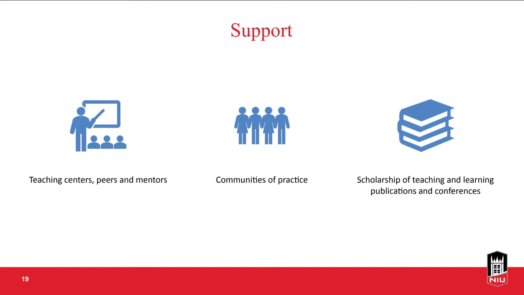A community of practice. It's important to realize that teaching and learning, you can do this in groups. There are communities of practice, and it doesn't have to be a solitary activity. You can join a community of practice about teaching piano, or teaching electrical engineering, or teaching qualitative research.